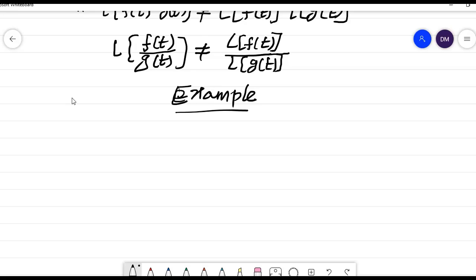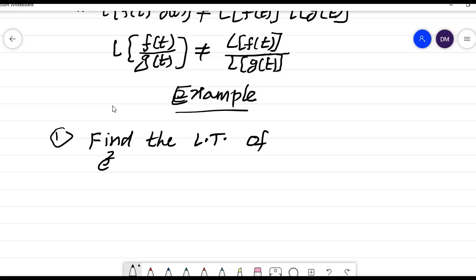Right, so the first problem is: find the Laplace transform of e power 2t plus 4 into t cubed minus 2 sin 3t plus 3 cos 3t.